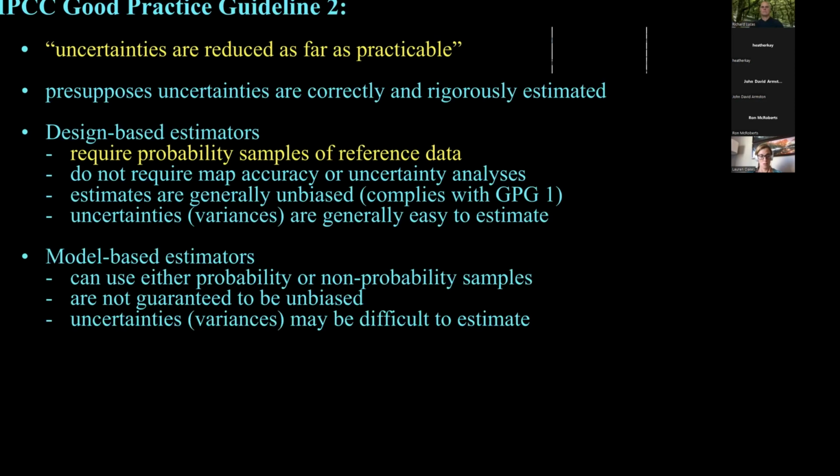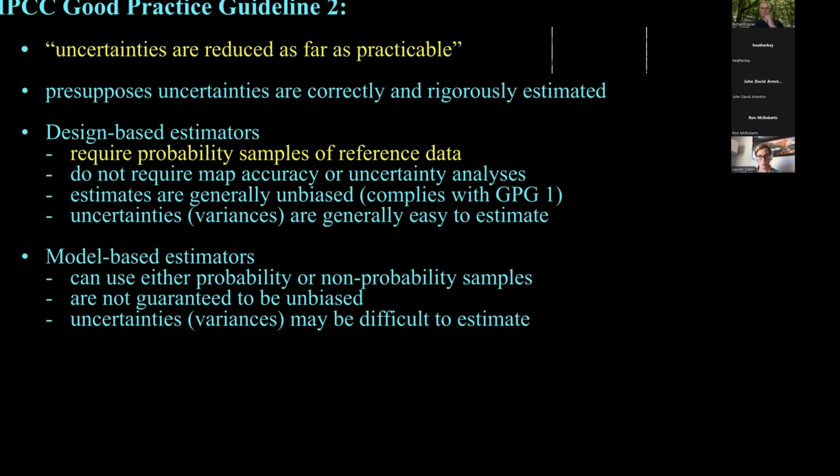The other approach is what we call model-based estimators. With these approaches, the map is the primary source of information. We're not augmenting it with anything else. The nice thing about model-based estimators is that you don't have to have a probability sample. You can use one, and it's preferable, but you don't have to. That makes it nice for areas in which you don't have an NFI or any extensive ground sampling program.